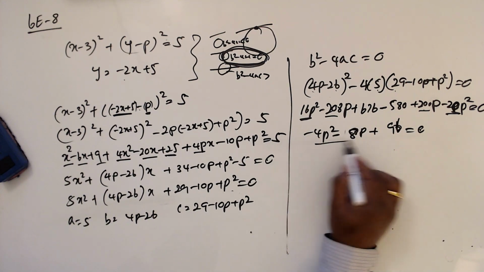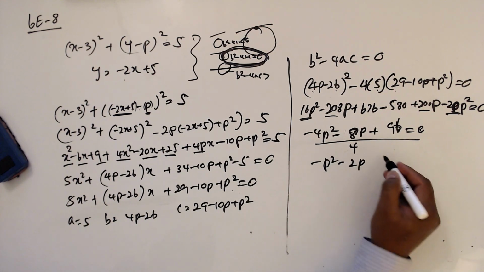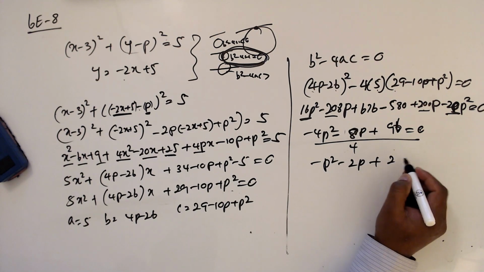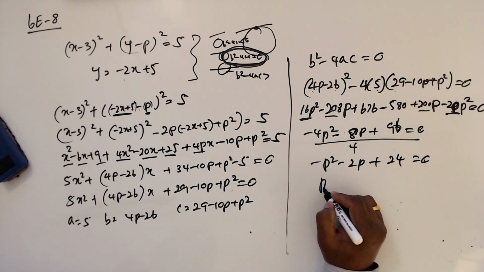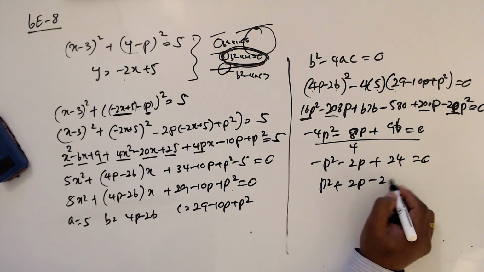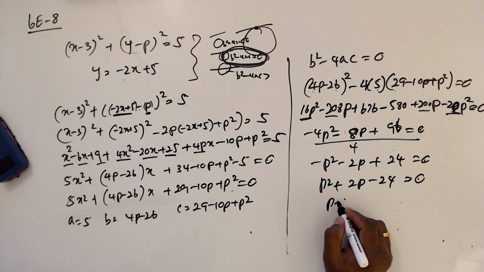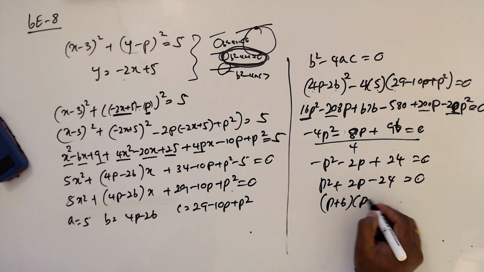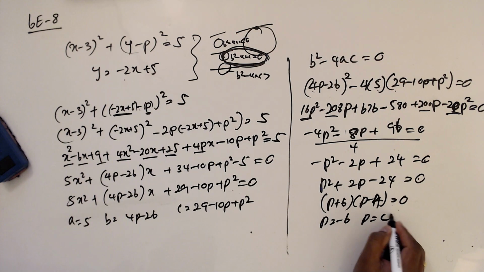Now I am going to divide by 4. So -p² + 2p + 24 equals 0, which is p² - 2p - 24 = 0. So this is going to be (p + 6)(p - 4) = 0. P equals -6, p equals 4.